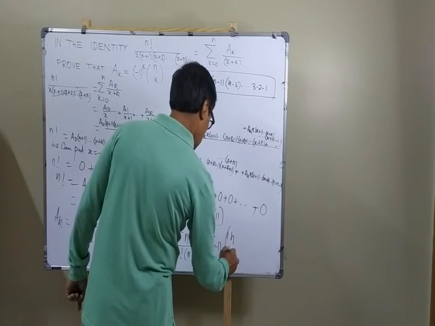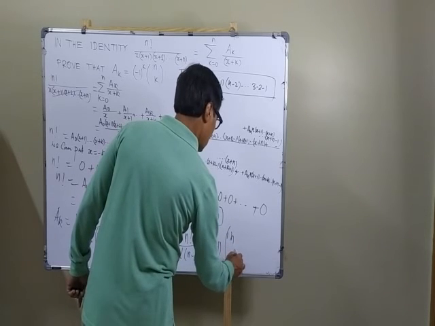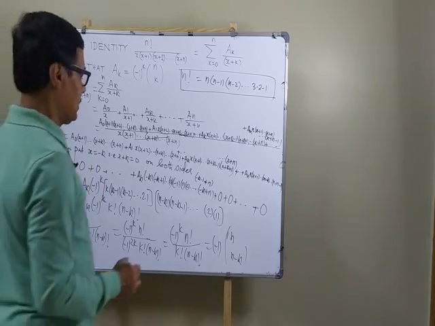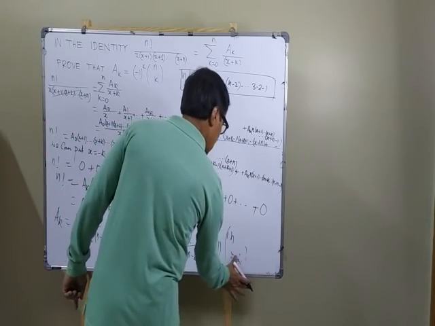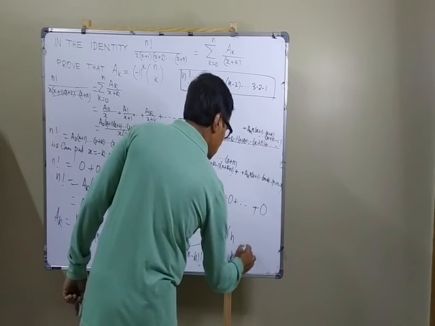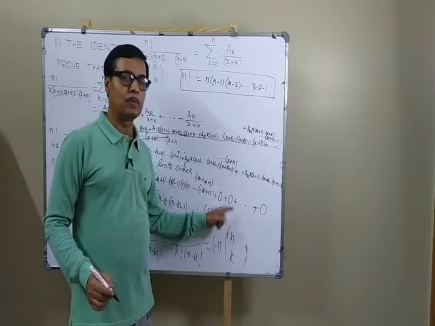This notation is nCk, that is, the combination of k objects selected from n objects.